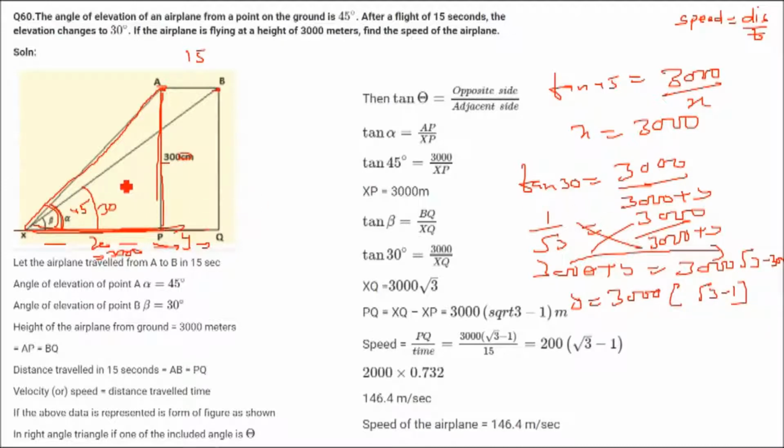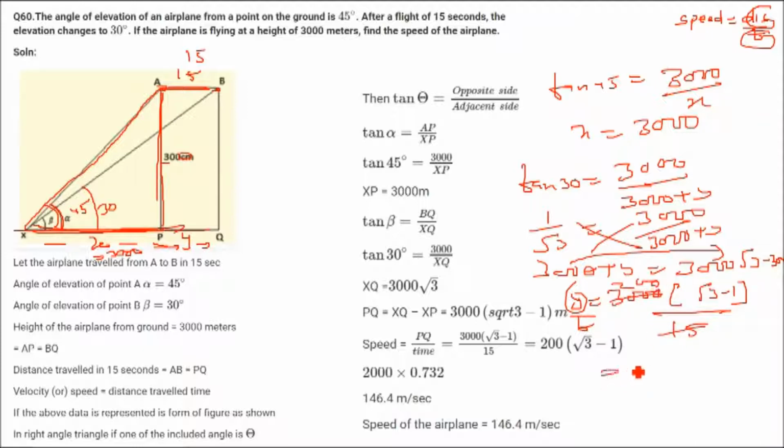Right? Now, the thing is that this is the distance y which the airplane has covered in 15 seconds. So distance is this one, time is this one. So we have to find out the speed. So speed will be simply this y distance divided by the time. This is distance, this is time. So I divide it by 15. So this is what we have to do.